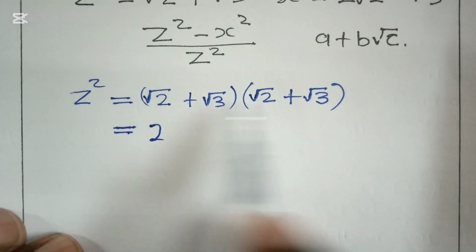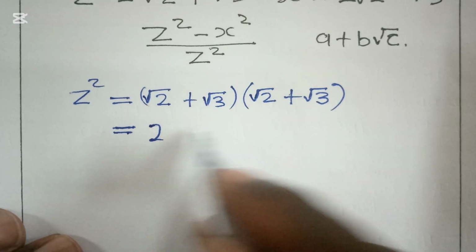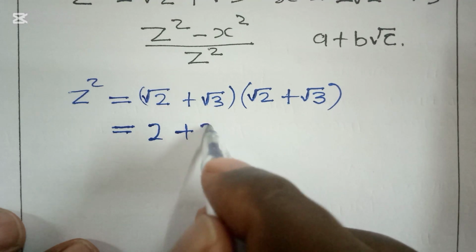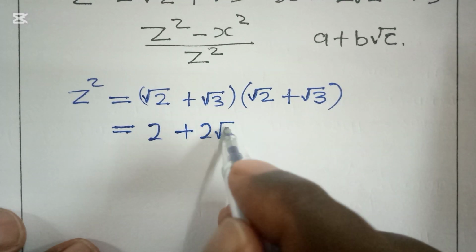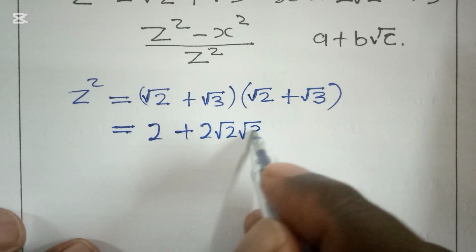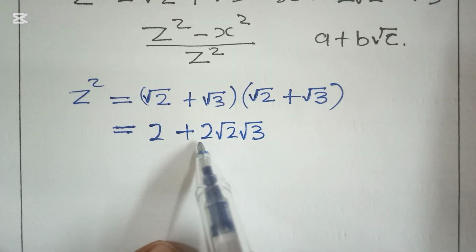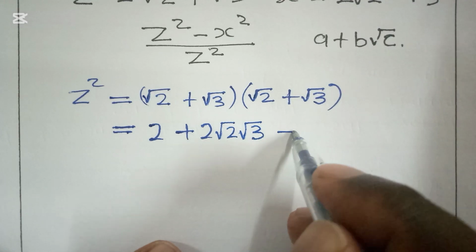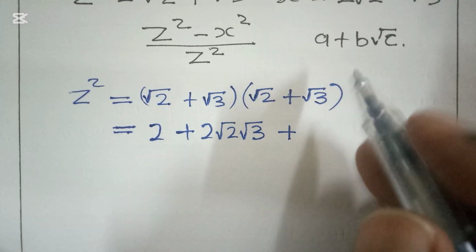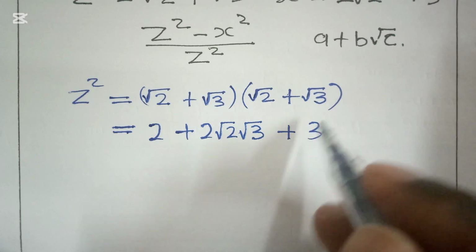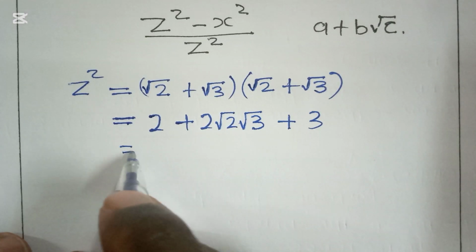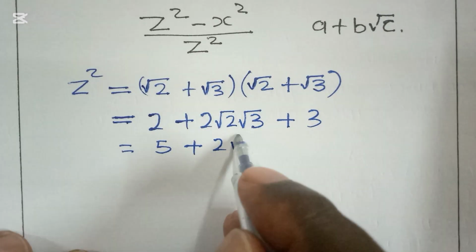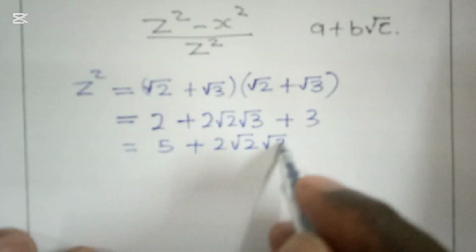Then square root of 2 multiplied by square root of 3, and the next one is going to be plus, we put 2 there, and then square root of 2, square root of 3. Guys, expand and see, you shall get this. And finally, we shall have plus square root of 3 multiplied by square root of 3, that gives us 3. And so therefore, guys, we are going to have 5 plus 2 square root of 2 square root of 3.